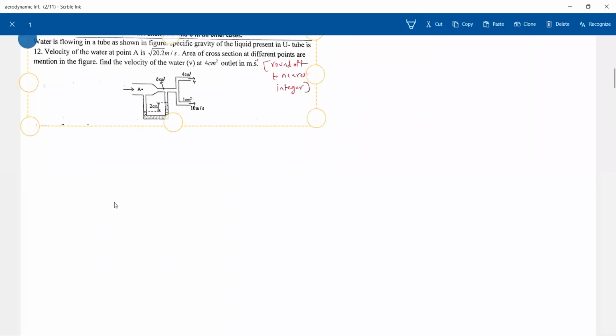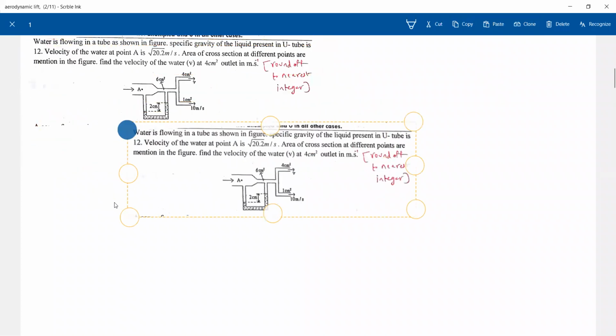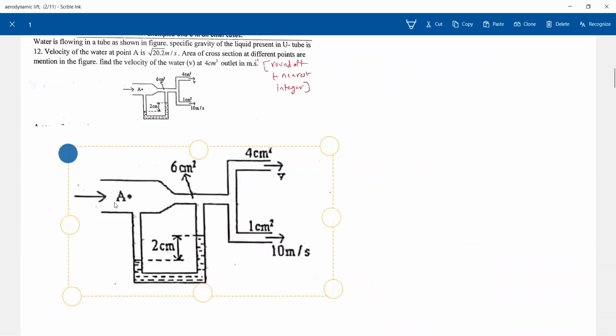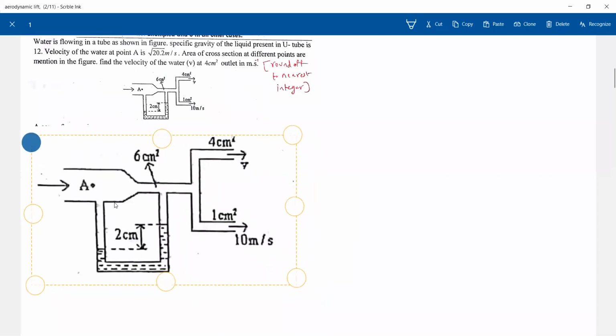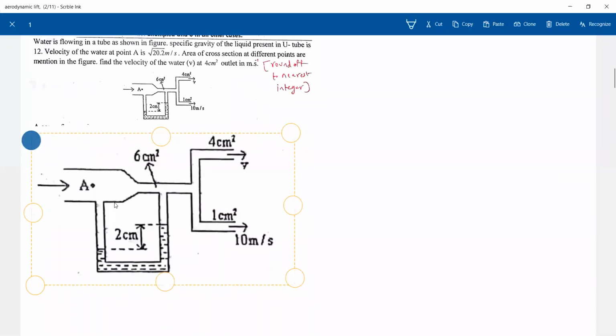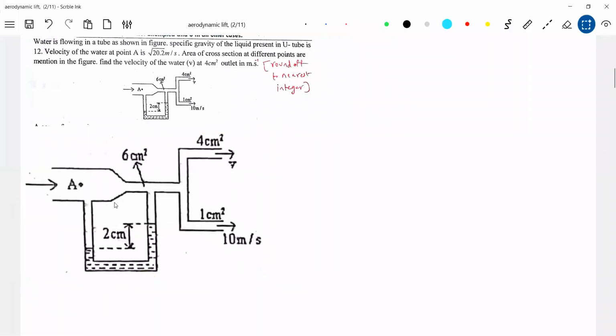Let me take the same diagram. Okay, I brought overall.